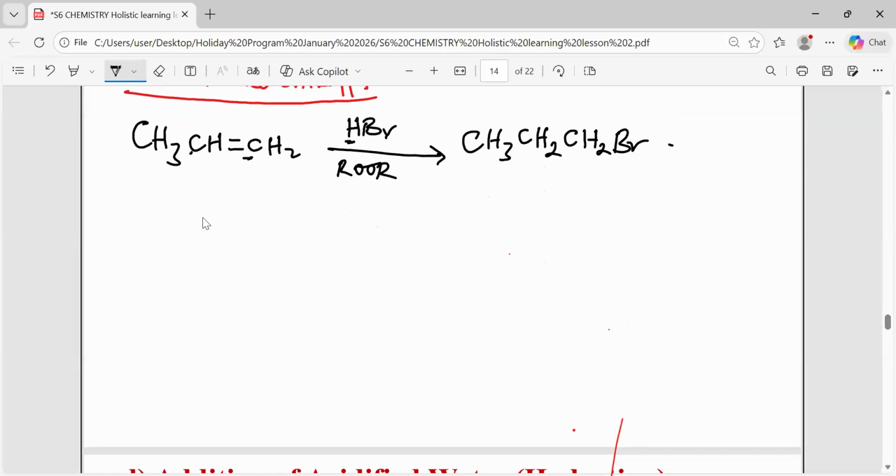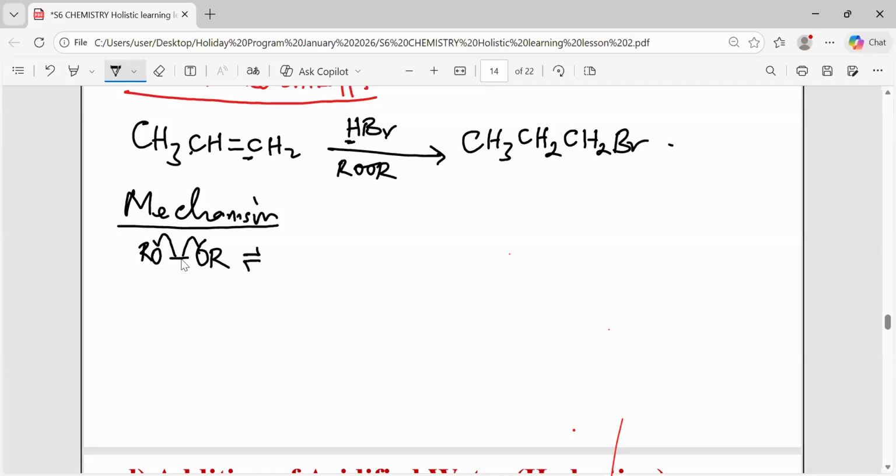Do you recall that? Yes. The free radical mechanism. Since we have a peroxide, this peroxide is going to undergo homolytic fission, where the bond is broken and they share the electrons.